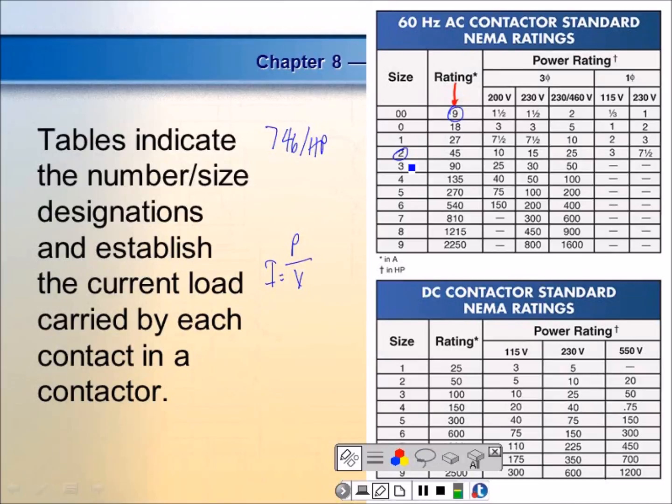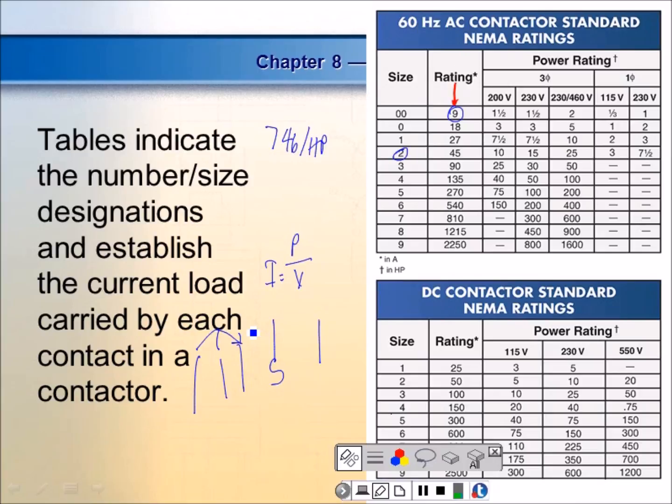Because on single phase, all the current is being shared by these 2 wires. On 3-phase, the current is being shared over 3 wires. That makes sense.